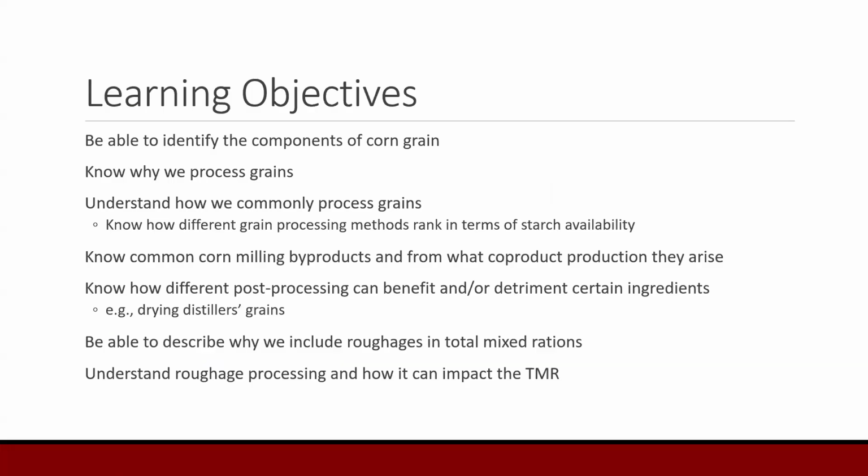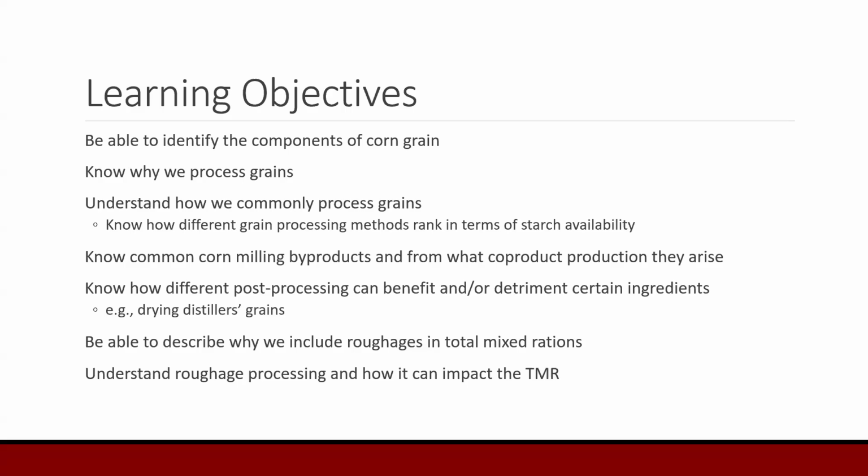There's really four parts of that corn kernel. So know why we process grains. Understand how we commonly process grains and be able to rank them in terms of their impact on, so which processing method is going to have the biggest increase in available energy, starch digestibility, dry matter digestibility.